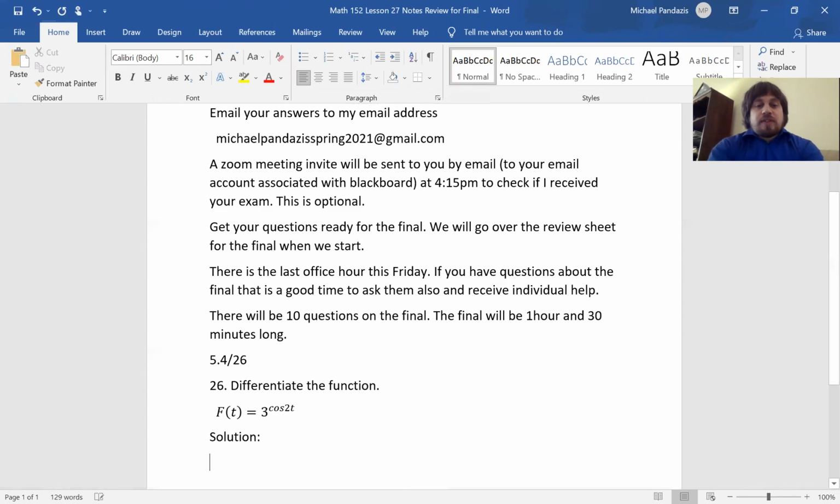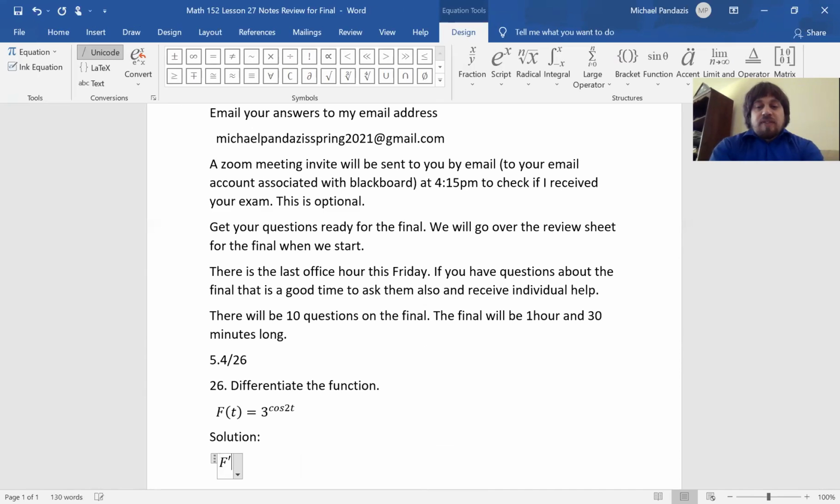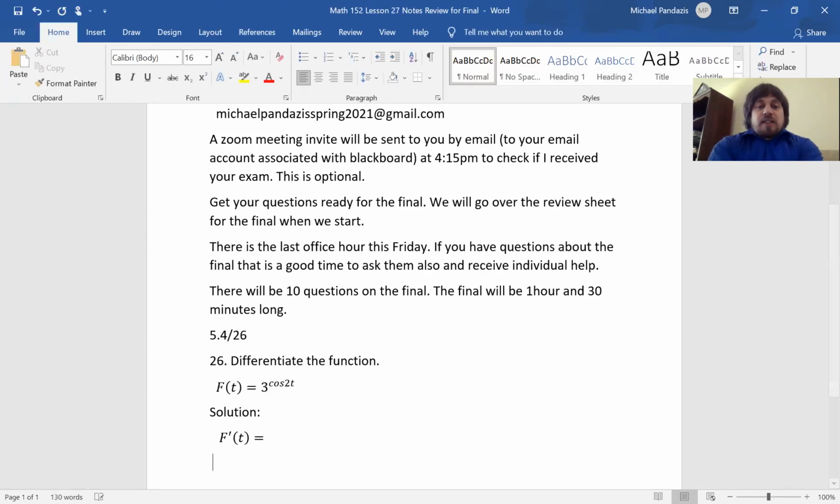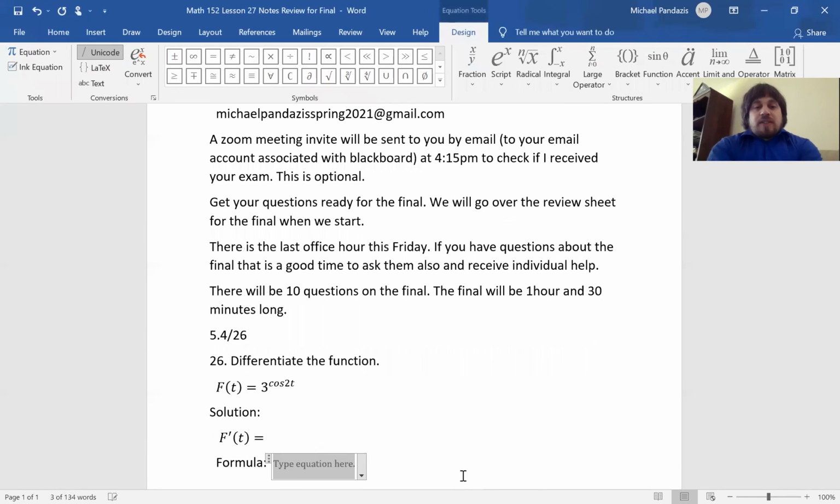So let's quickly do it. It's a fast problem if you know what you're doing. F prime of t is equal to, let me keep this formula in mind: if you take the derivative of a raised to a function of x, let's call it g of x, that's equal to a to the g of x times g prime of x.